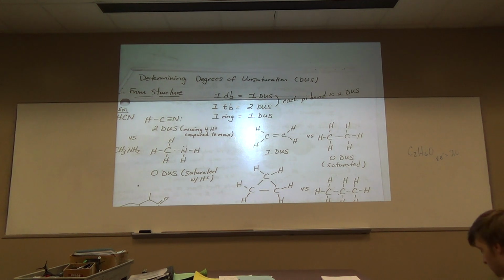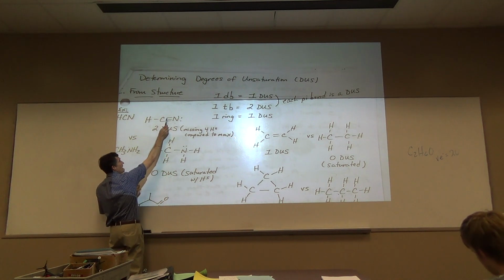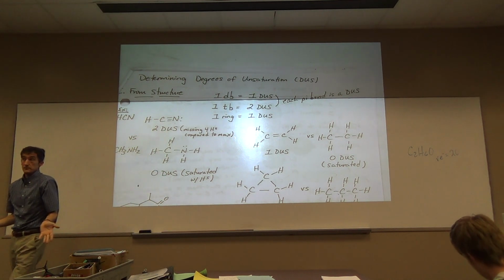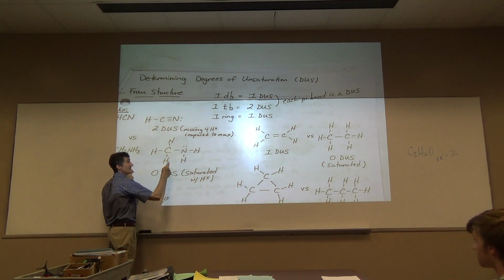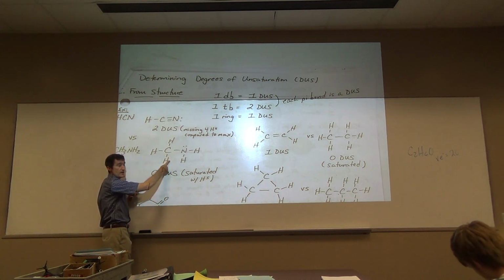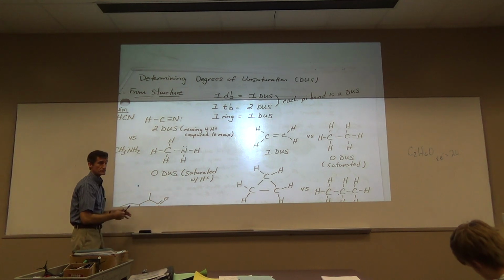So since we're missing 4, it's 2 DUS. That's what you already know, because a triple bond is 2 DUS. We say this compound is unsaturated, because it doesn't have the maximum number of H's, but we say this compound is saturated. It has 0 degrees of unsaturation.